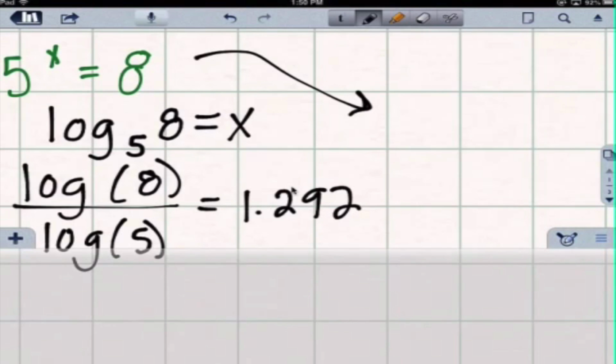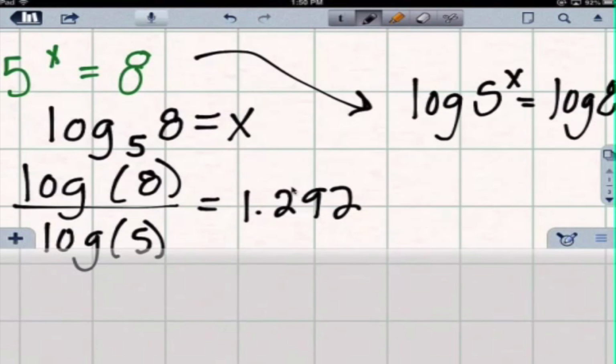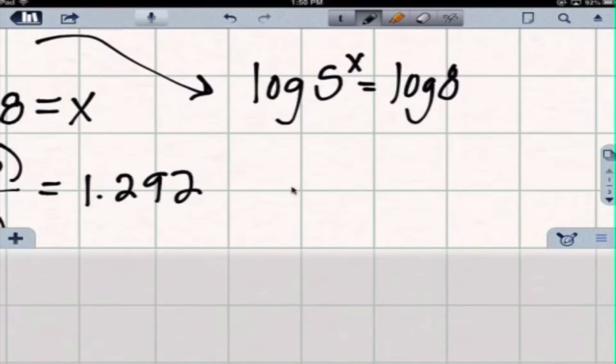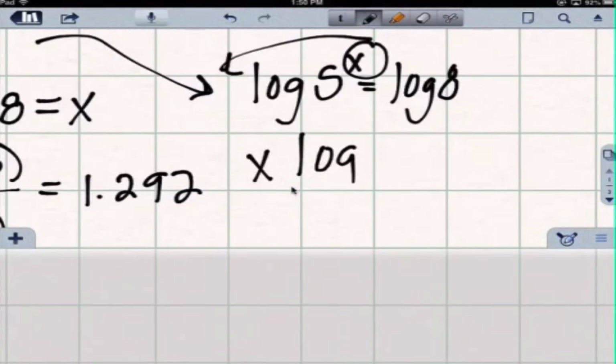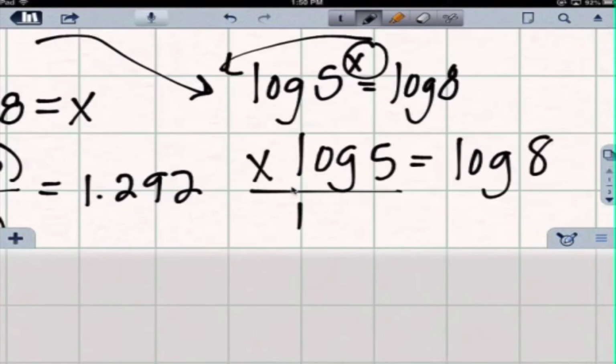The other way we could do it, we said we could take a log of both sides. So I have log of 5 to the x equals log of 8. I can move the x out in front. And then to get x all by itself, I would divide both sides by log of 5.